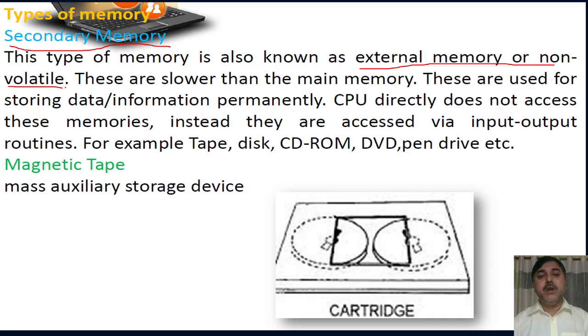Clear? So the CPU does not access those memories directly. When the CPU is not accessing the memory in this particular area, we are having the structures, and we are getting those structures.